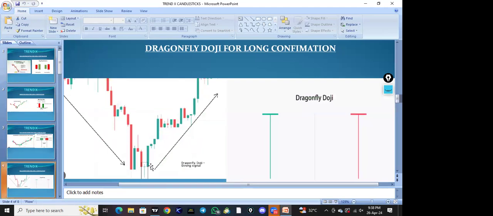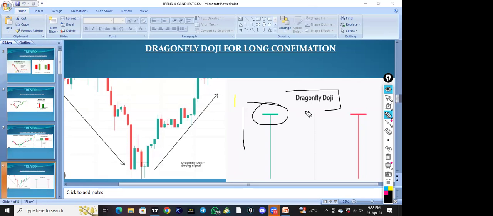This is the dragonfly doji. Sometimes what will happen, you'll get a big red candle. Okay, I'm telling you, in an uptrend you'll get a big red candle. Immediately that candle turns into this doji, and there is confirmation as the next candle flies. For that reason, they call it dragonfly doji.